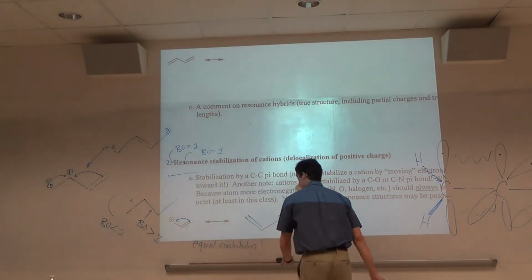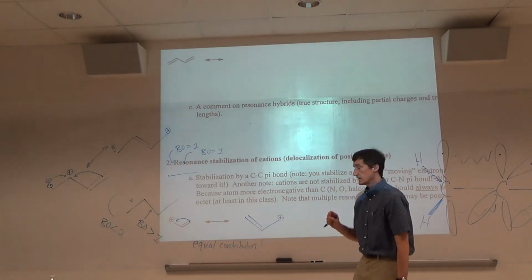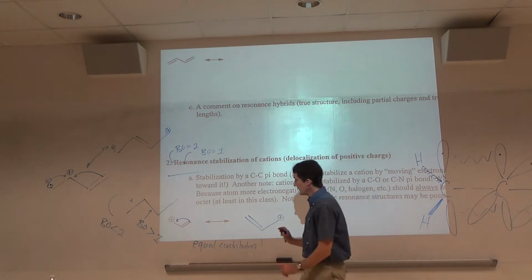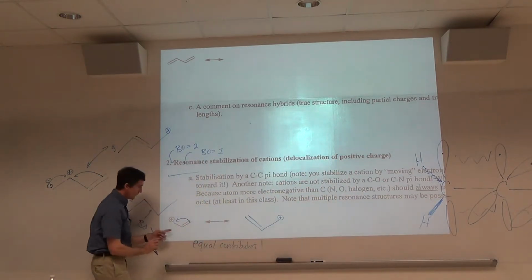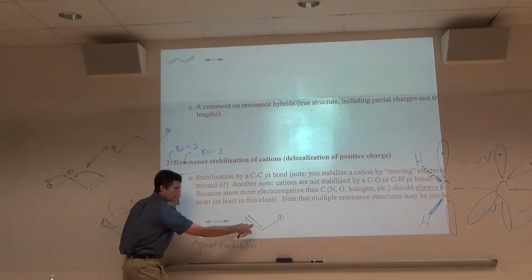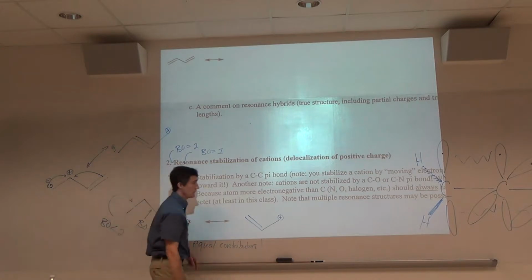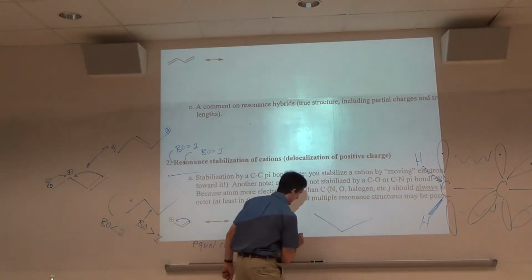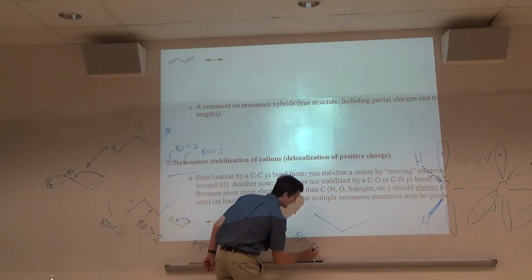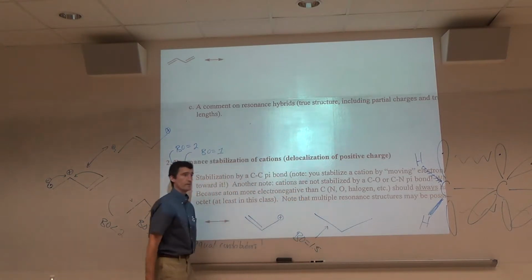Now when we have equal contributors, what does the true structure look like? Well, let's look. It's just a blend. What's the blend of a single bond and double bond? You average that together. Bond and a half. What we have here is BO here equals what? 1.5.